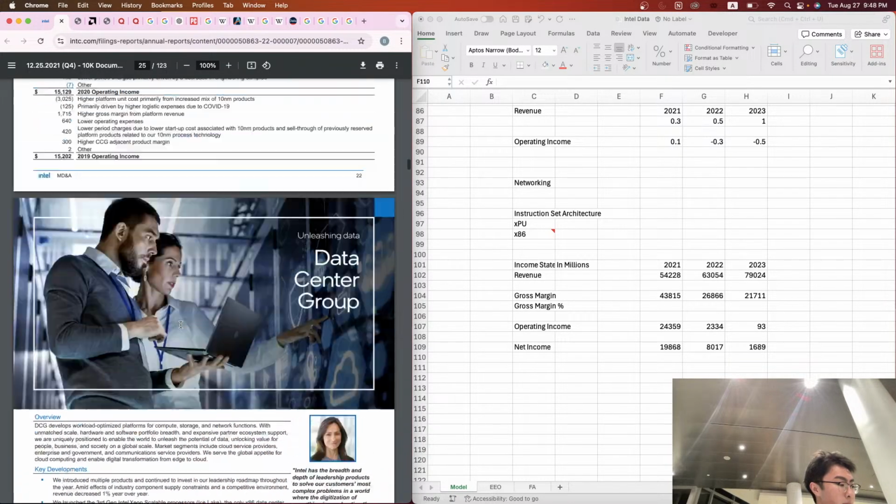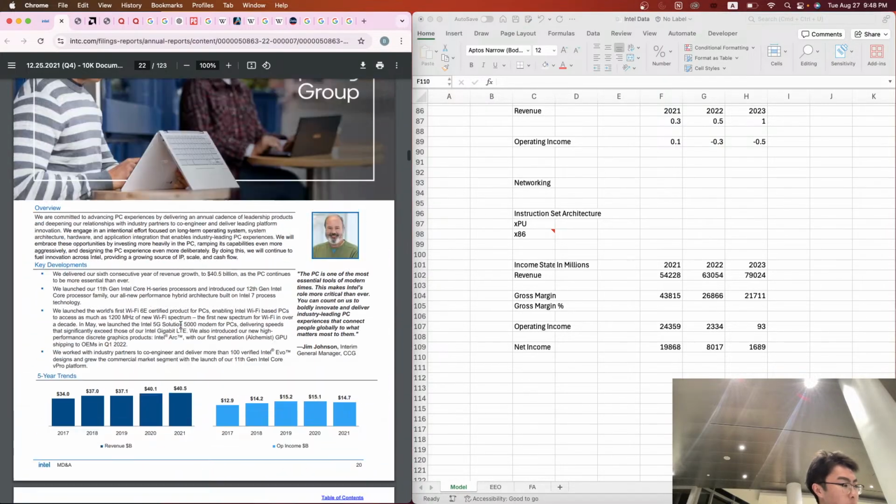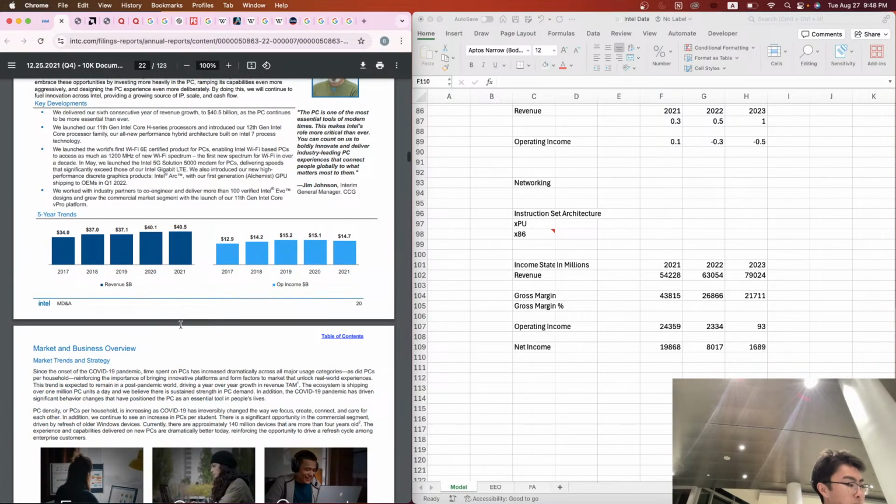Data center group. Yeah, I don't know. Client compute group.